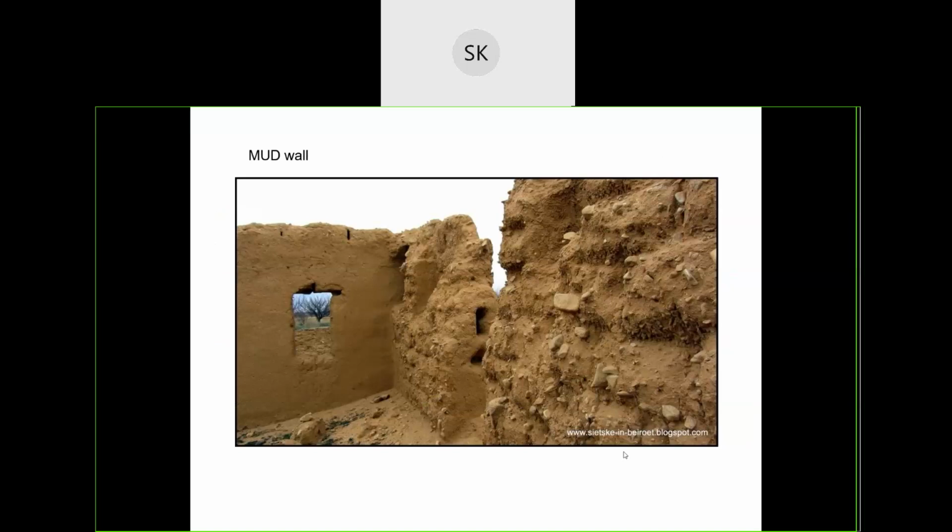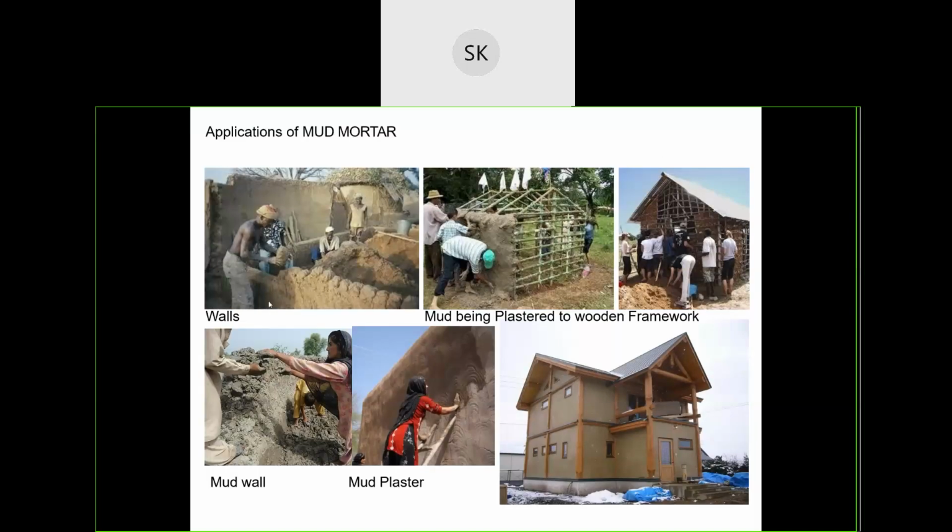This is an example of mud walls, mud being plastered to a wooden framework. Earlier, in rural areas, they used to first make the outer framework. Then they used to insert the mud in between. They used to provide a board, or some barrier, so that the mud could not go to the other side.